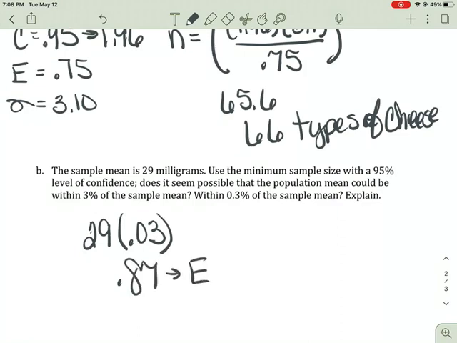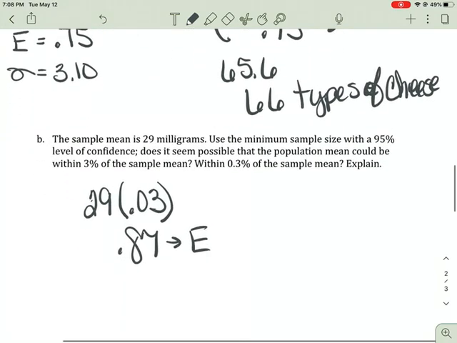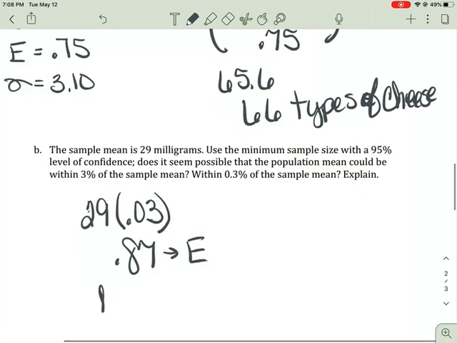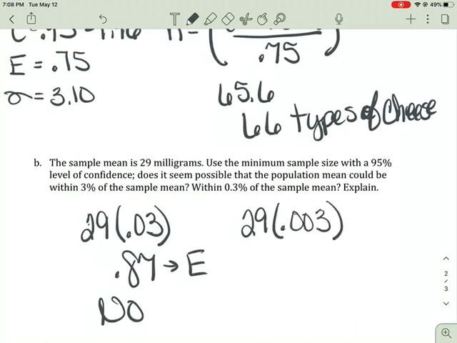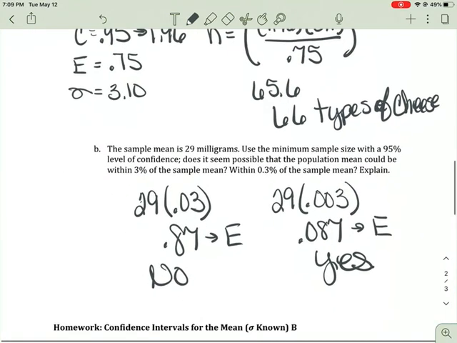All right, I got 0.87, and that would be the E, within that much. And no, because it was 0.75. Let's do the other one. So 0.3% would be 0.003. Okay, I got 0.087. Yes, because that's smaller than 0.75.